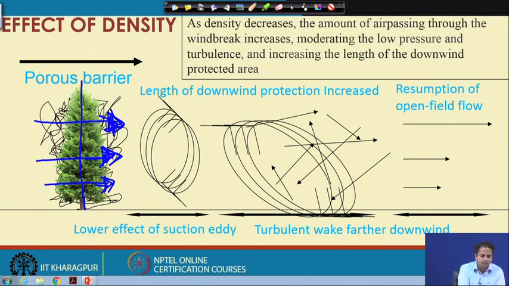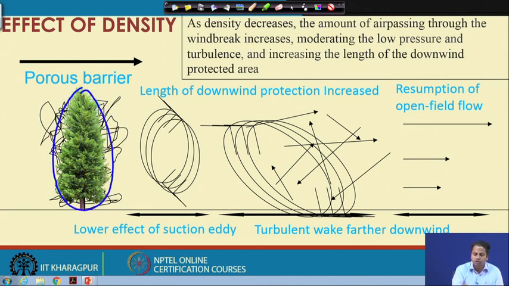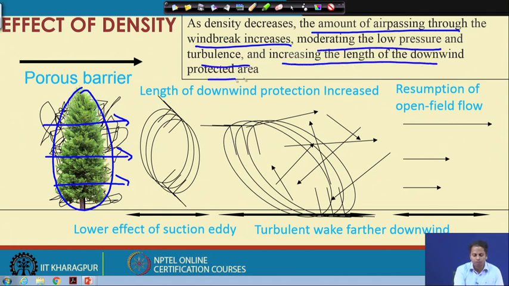Now, as the density of this porous barrier is decreased, the amount of air passing through the windbreak is increasing. By allowing more air to pass through the windbreak, it moderates the low pressure and turbulence, increasing the length of the downwind protected area.